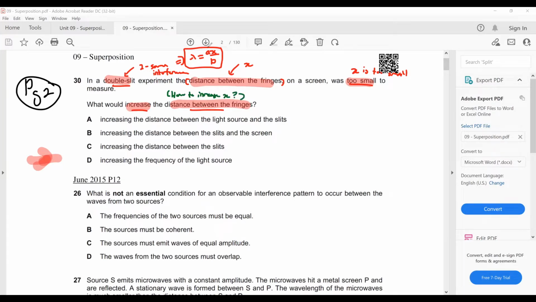Since you know this is a double slit, a two source interference pattern, you're always going to use this equation: lambda equals ax over D. Make x the subject: x is lambda D divided by a.